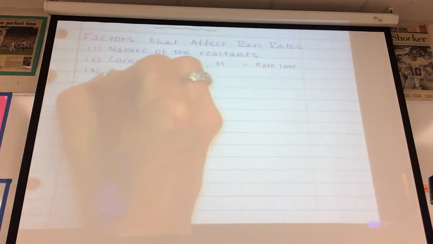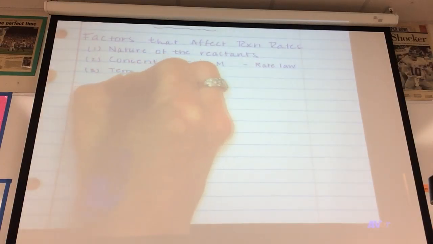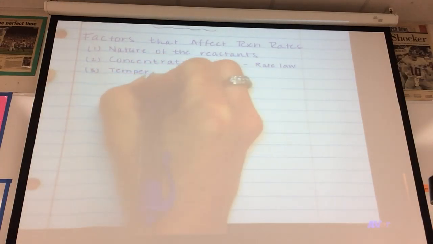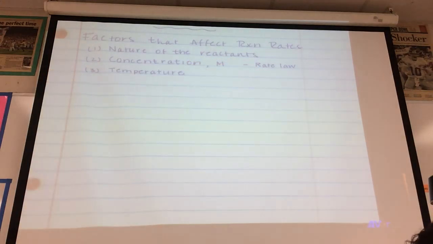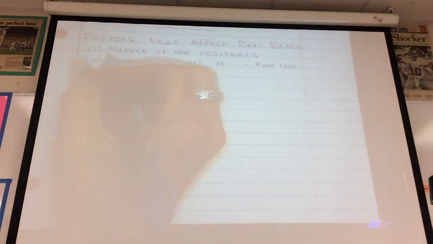We're going to look at temperature. We've done several labs this year where we heated the reaction to increase reaction rate. And we'll talk about why temperature affects reaction rate.